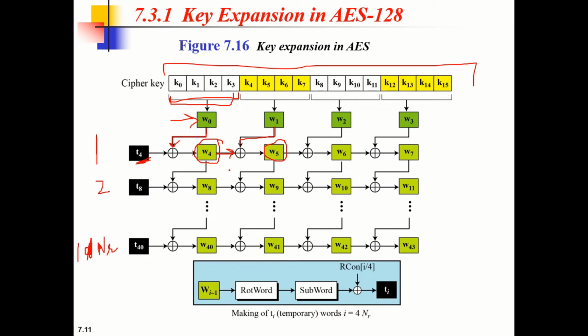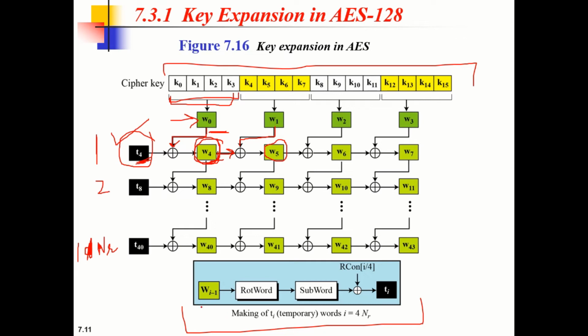So we can say that the words whose subscripts are divisible by 4, or multiples of 4, are calculated using the word which is 4 steps back and a temporary word. So how do we calculate this temporary word? We have this way of calculating the temporary word.